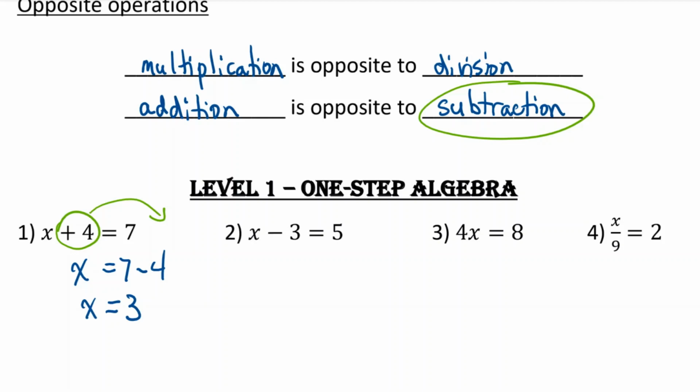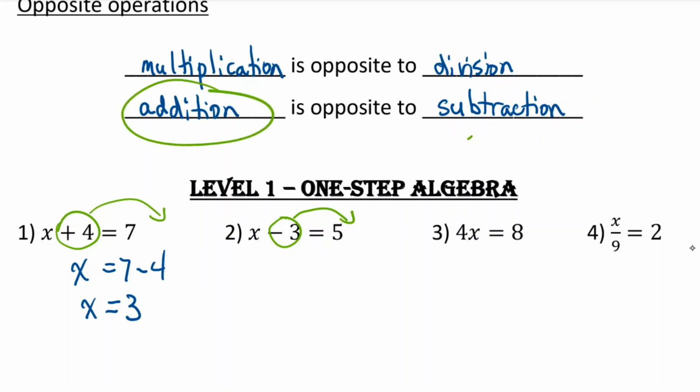If I have subtraction, I want to bring it to the other side, that subtraction becomes, you got it, addition. So we've got x equals 5 plus 3, which gives us 8.